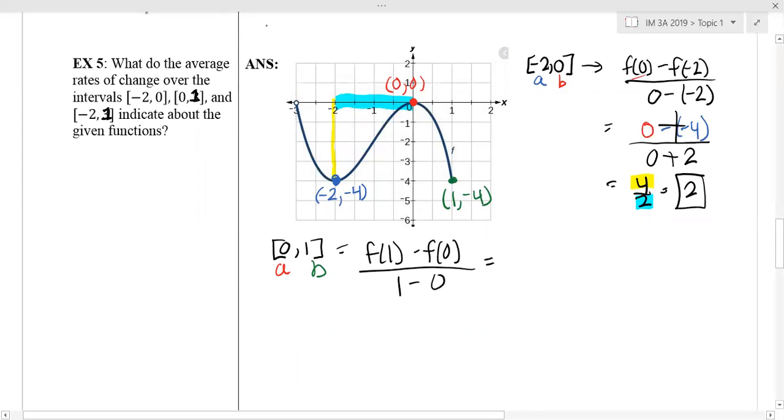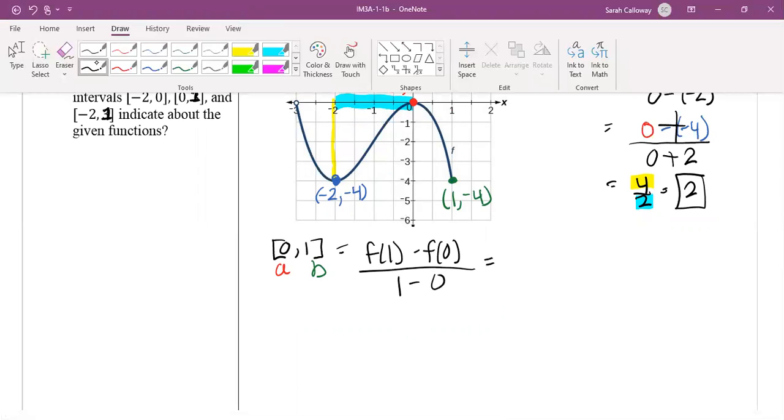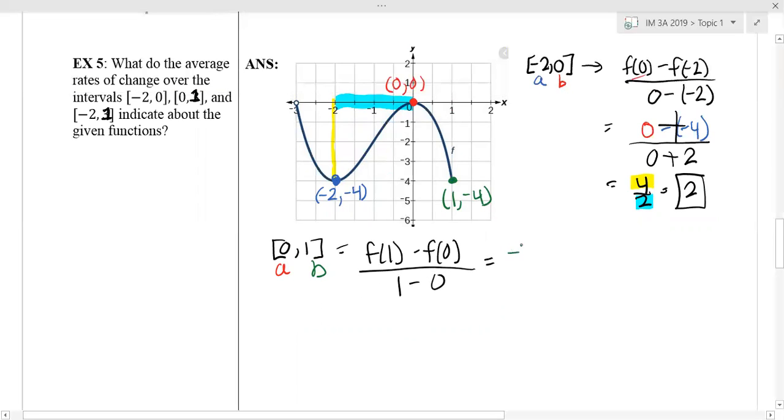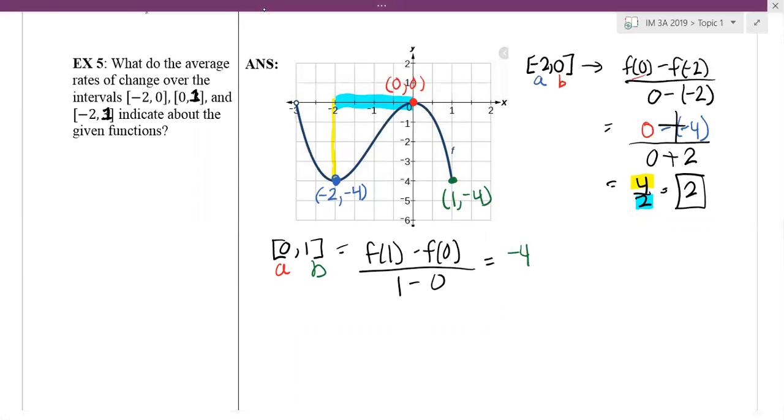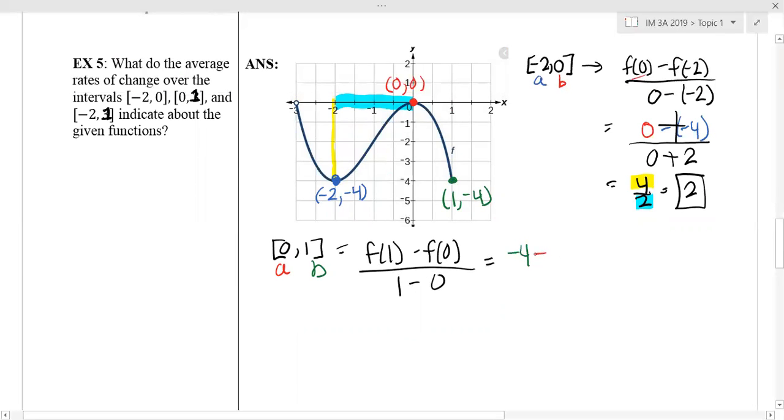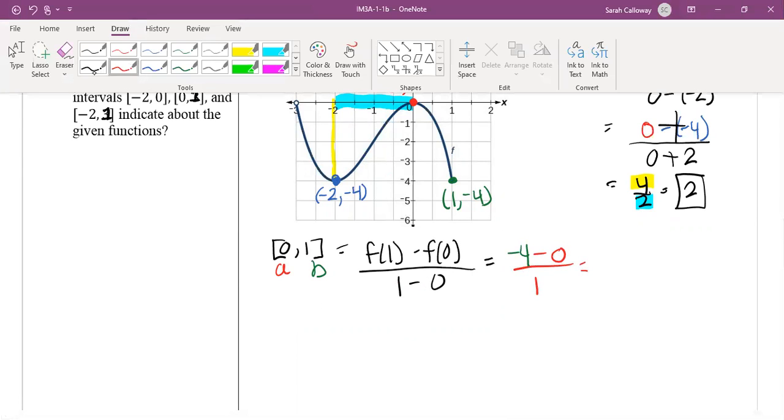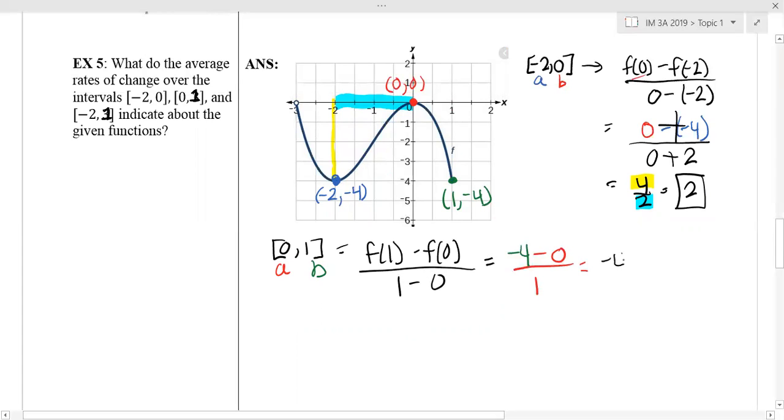So if we plug in our values, f of 1 we said was -4, and then we're going to subtract f of 0, which is the point 0, 0, so that's also 0, over, I'm just going to simplify, 1 minus 0 is 1. So what we've got then is we have -4 over 1. So our average rate of change here is -4 between those 2 points.